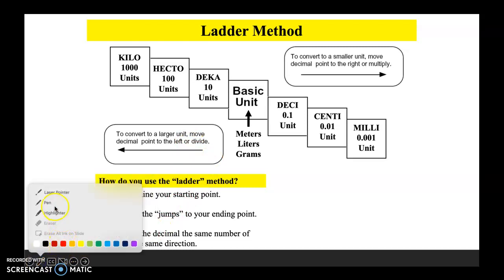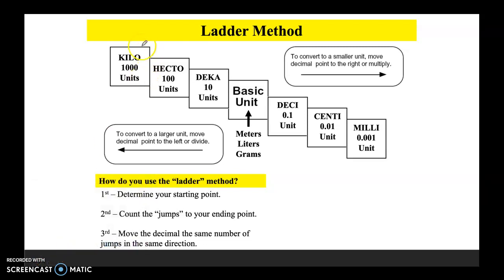So for instance, let's look at a kilogram, just so we remember that we can do meters, liters, or grams. If I wanted to convert 1 kilogram into decigrams, I start at kilo and it takes me 1, 2, 3, 4 jumps to get to deci.